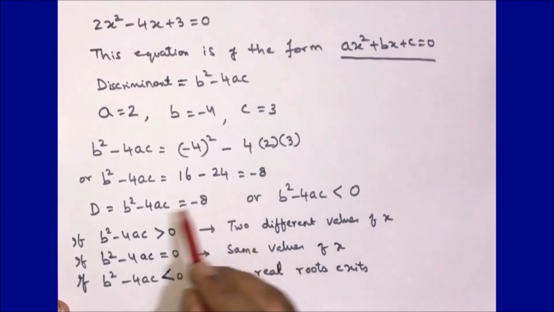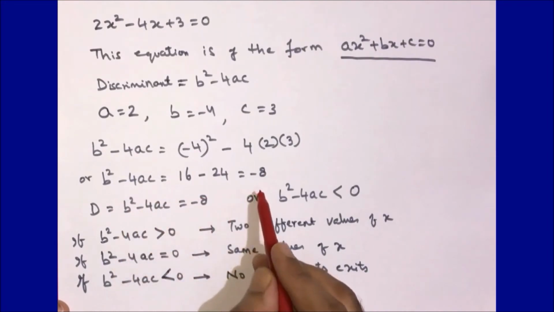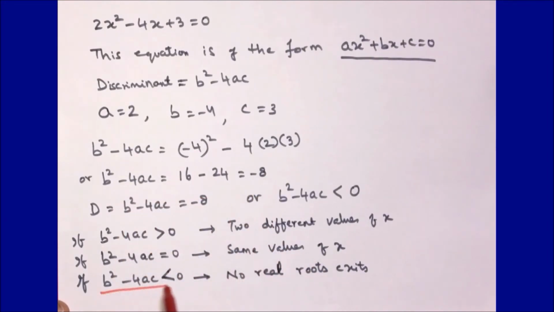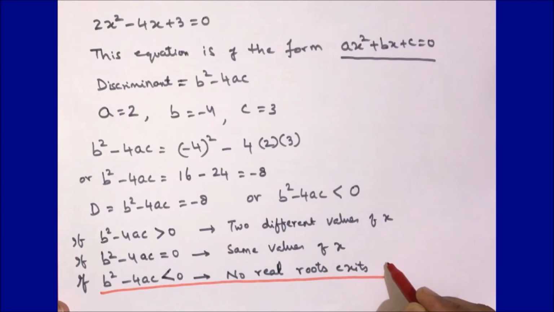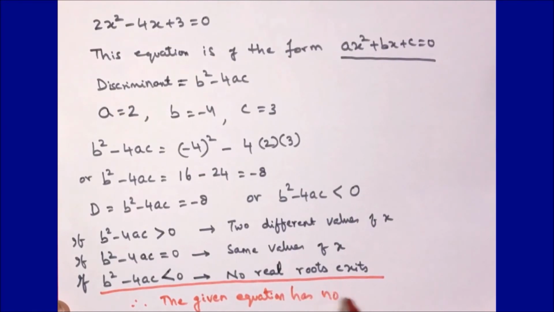Here we got b^2 - 4ac equal to -8, so it falls in the category where we do not have any real roots. Therefore, the given equation has no real roots.